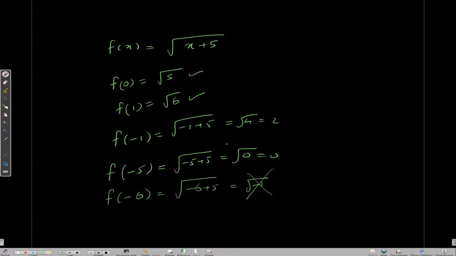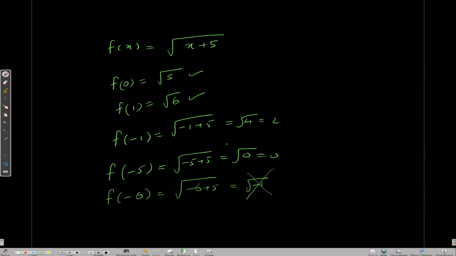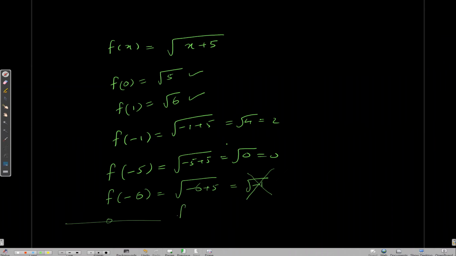So it seems like from some point onwards to the left, it does not work. We cannot say that point is -6, because if you think about -5.5, that still gives us problems. -5.5 plus 5 is -0.5, which is negative. So where do we start?